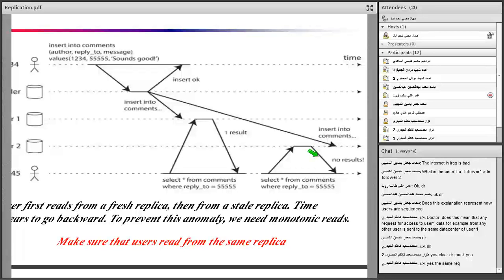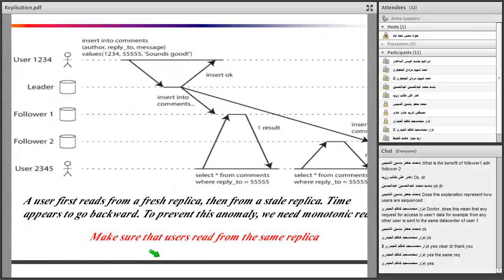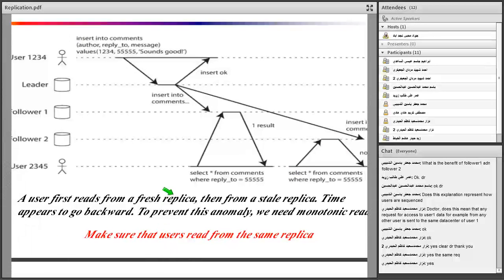So no result is sent from follower 2 to the user. Unfortunately, for one request, we can see the user receives two different results, and it's not consistent, because we need to receive the same result from a unique request. It's called monotonic read.